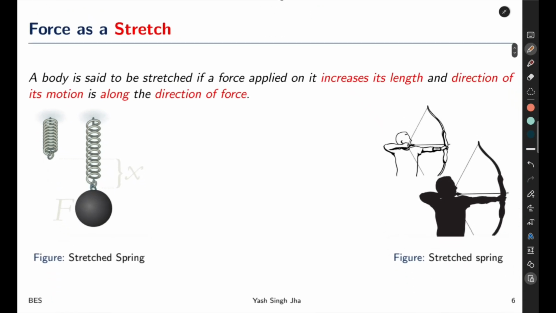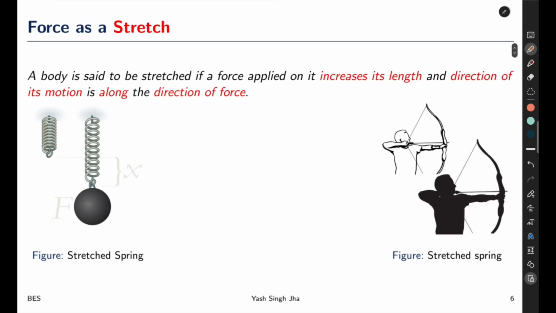Moving on, force as a stretch. A body is said to be stretched if a force applied on it stretches its length, and the direction of its motion is along the direction of force. What does it mean?